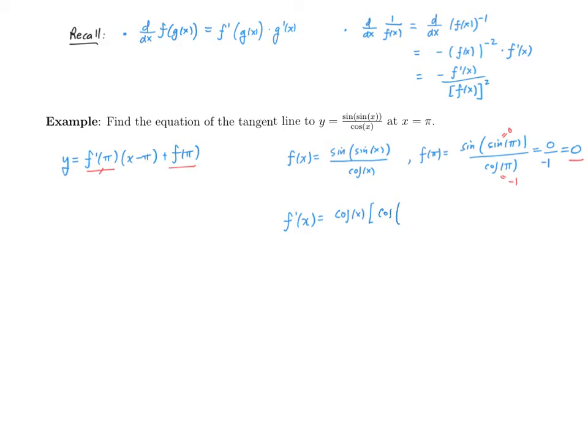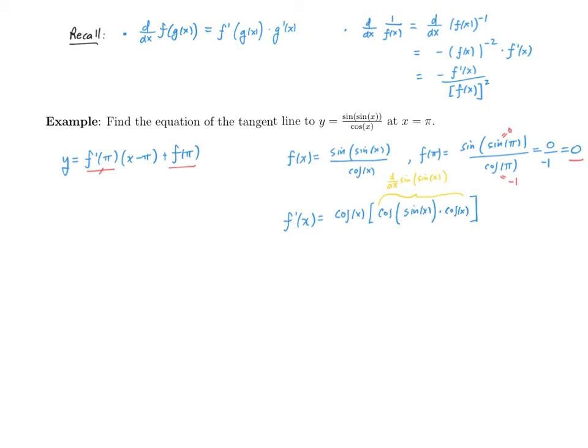We evaluate that at the inside function sine, and we multiply by the derivative of the inside function cosine. And to make sure there's no confusion, note that this cosine of sine x times cosine x came from differentiating the numerator.